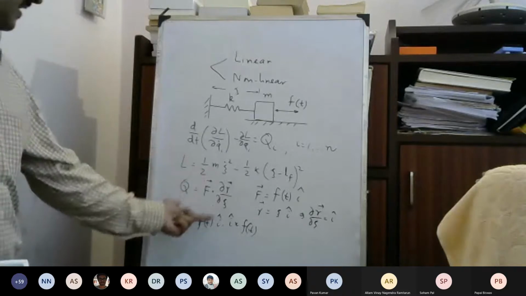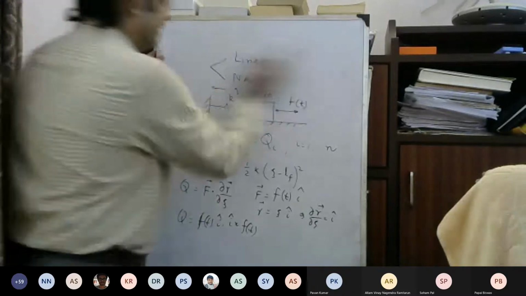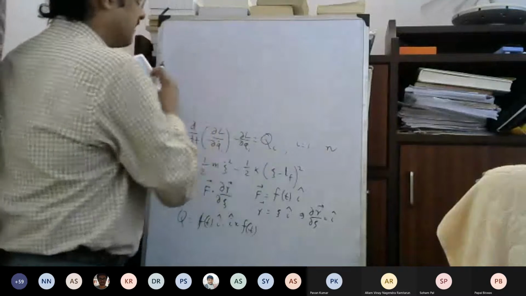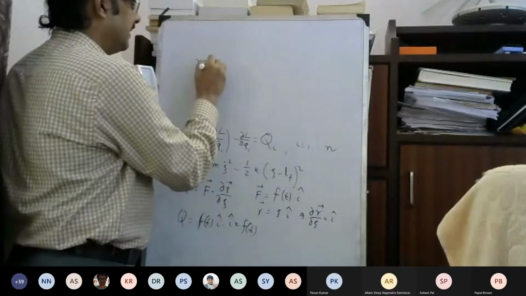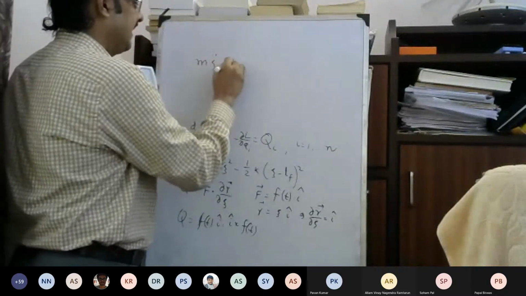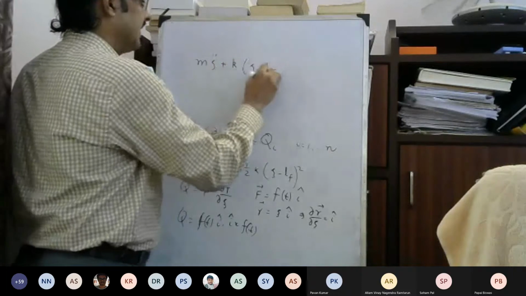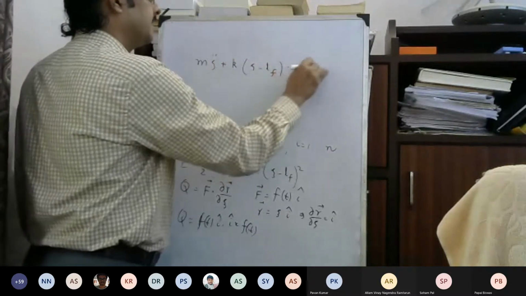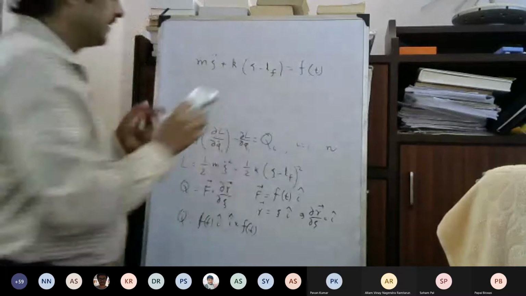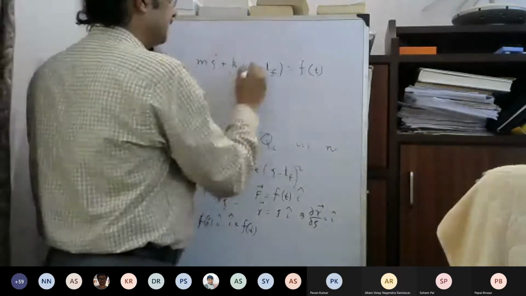So this is the generalized force. Now I can write down the equation of motion very simply as m zeta double dot plus k (zeta minus Lf) equal to F(t).